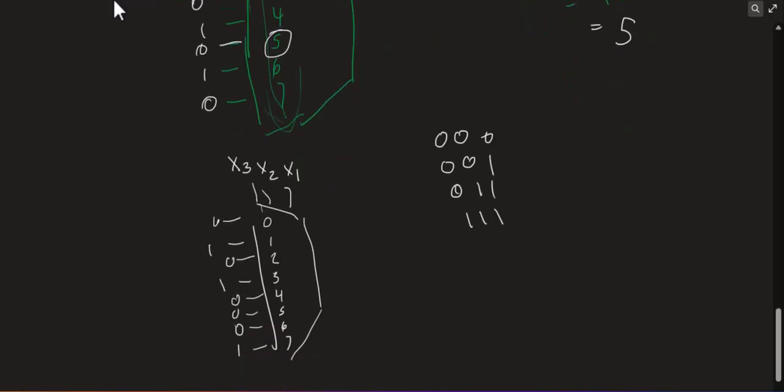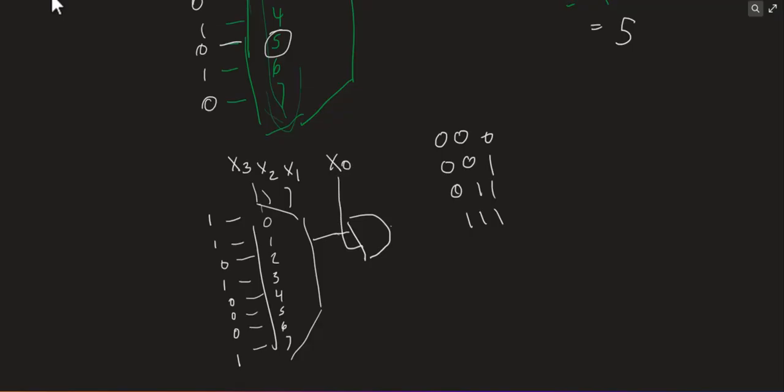And I'm saying if we had 1, 1, 1, 1, 0, 0, 0, 0, and I AND this output with x0, that goes to MER, and that gets my answer.